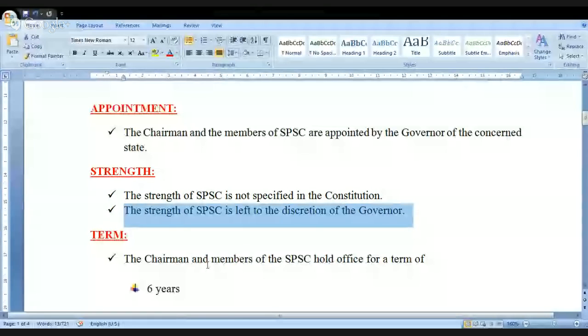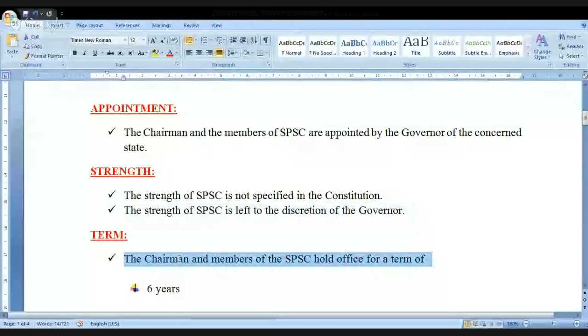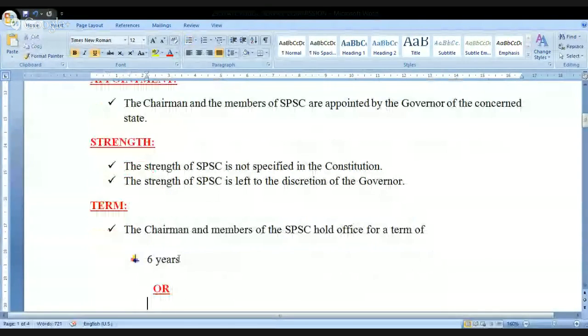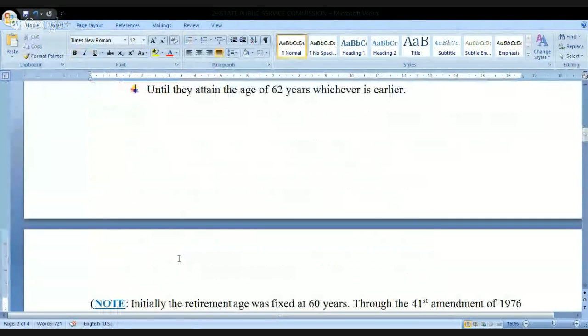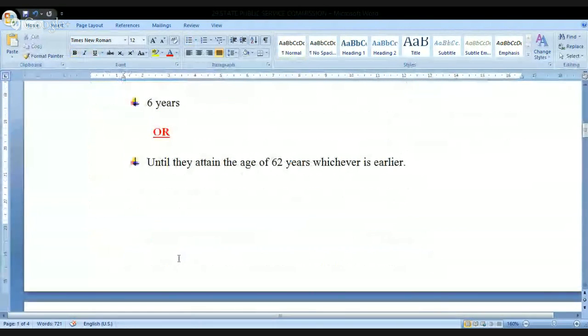Now, look at this. The chairman and members can hold office for a term of 6 years or until they attain the age of 62 years, whichever is earlier. Yesterday, while talking about the UPSC, I said the same thing, but instead of 62 years, I said 65 years.